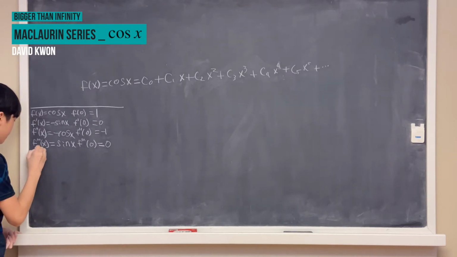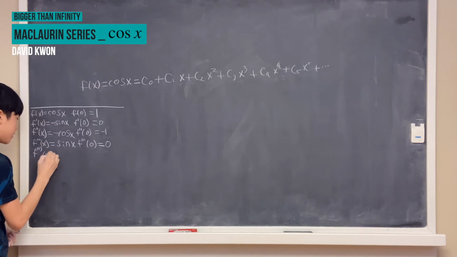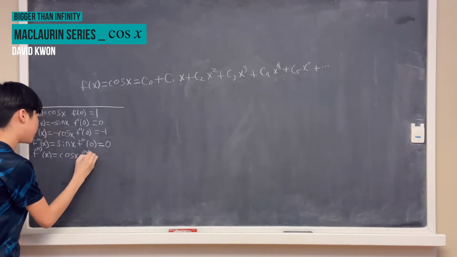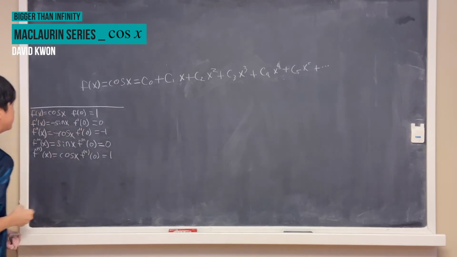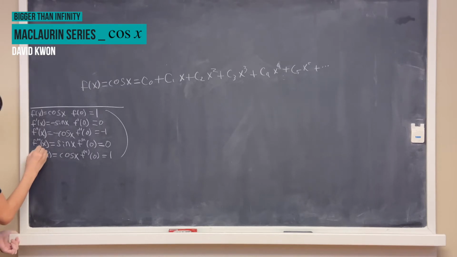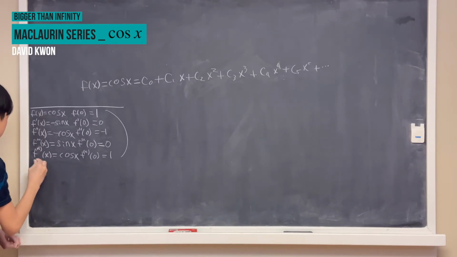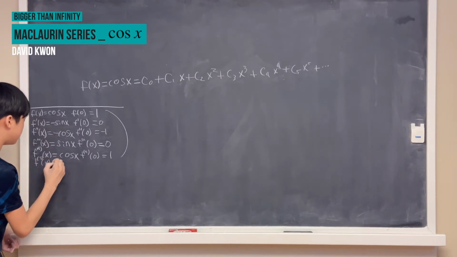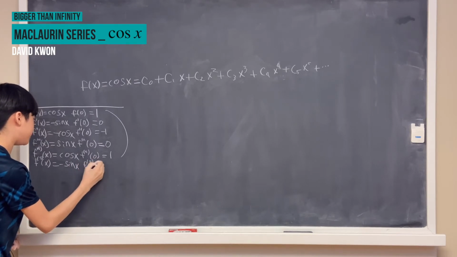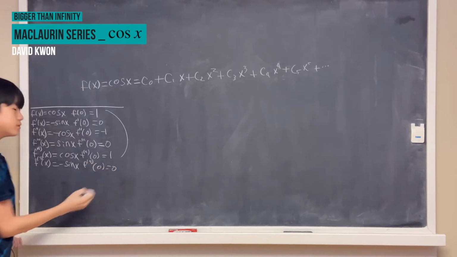So we have f to the power of 4 of x is equal to cosine x, so f to the power of 4 of 0 is equal to 1. So there we have our loop. Continuing on, we differentiate cosine x now. We have f to the power of 5 of x, which is equal to negative sine x, so f to the power of 5 of 0 is equal to 0.